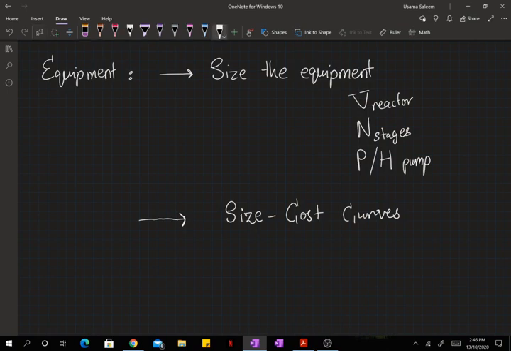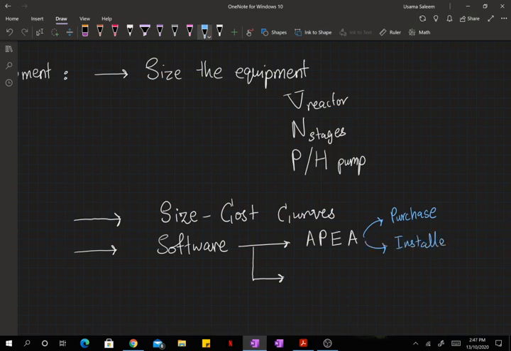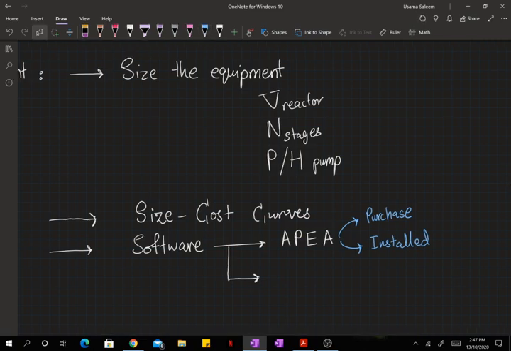The other way is using software. So if you've been using Aspen, there's a specific section inside Aspen dedicated to the economics called Aspen Process Economic Analyzer, APEA, and that gives you both the purchase cost, which is just the cost of the equipment itself, as if it was sitting at the manufacturer's site, and it also gives you the final install cost with the piping and electrical instruments all taken care of.